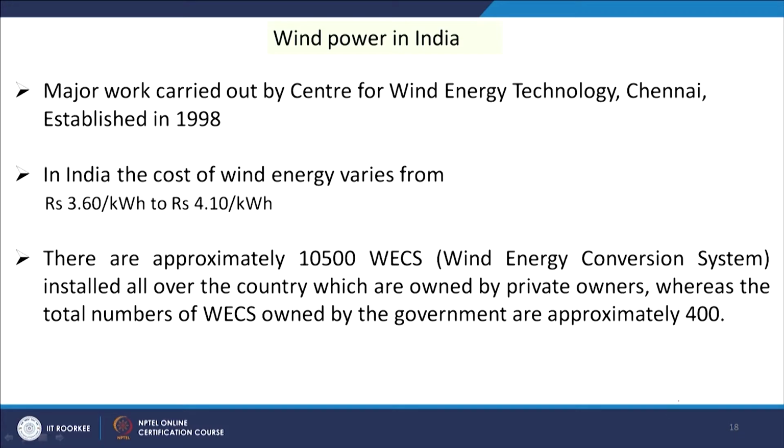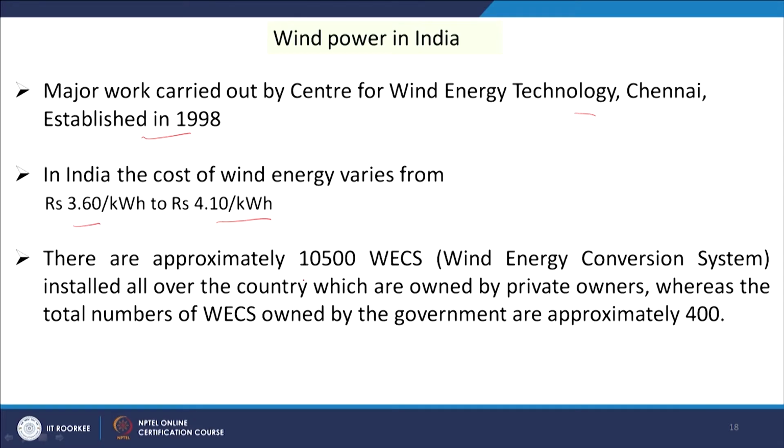Now we will see wind power in India. Major work has been carried out by the Center for Wind Energy Technology, Chennai, established in 1998. In India the cost of wind energy varies from 3.6 to 4.10, that is slightly higher than that of the conventional, coal based energy, or very competitive.